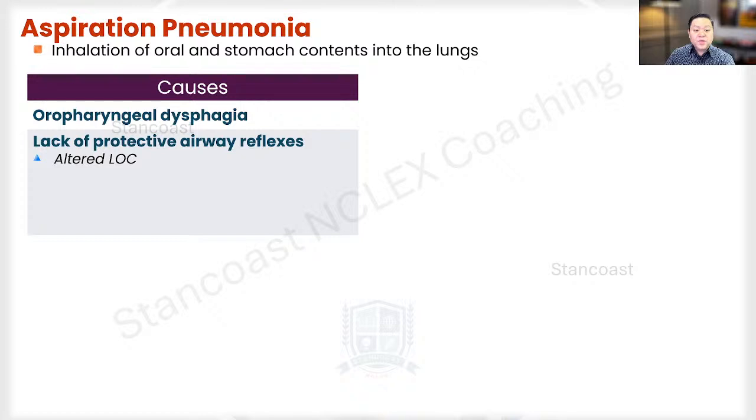Now, these reflexes can also be impaired due to so many reasons, right? Altered consciousness is going to be one of those. Alcohol or drug overdose is another one. And for those people that have seizure disorders, or stroke, or some form of head injury, and I have said earlier about anesthesia.